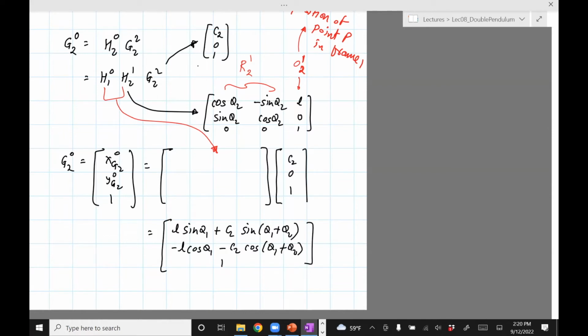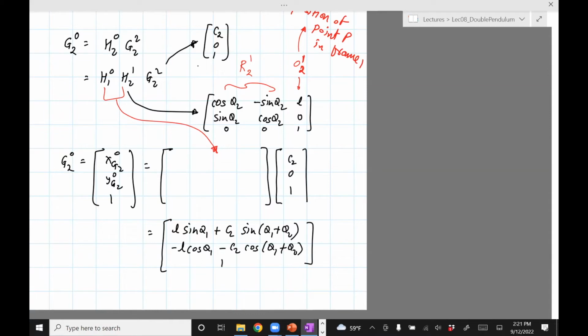So the first row is xg2, the second row is yg2. Again, you can figure this out using trigonometry and check if the answers are right. Okay, so we got the positions, and those will be useful for the Lagrangian.